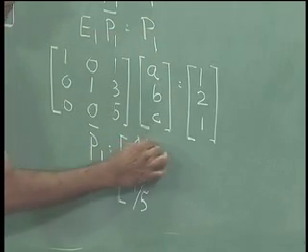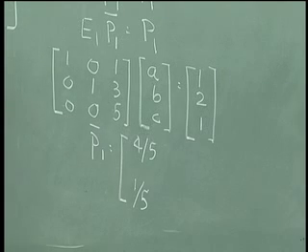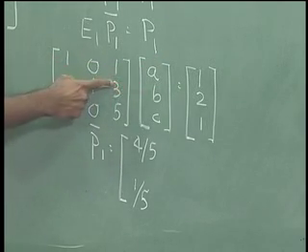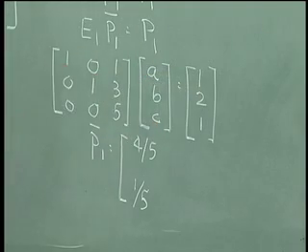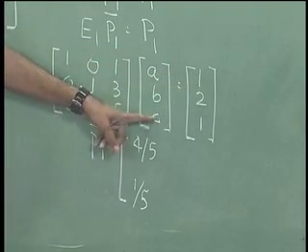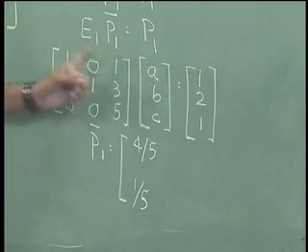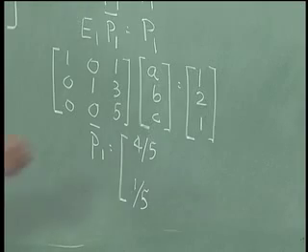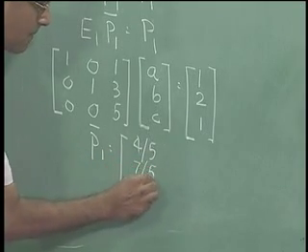So, A is 4 by 5. From the second equation, 0 into A plus 1 into B plus 3 into C is equal to 2. So, B plus 3C is equal to 2. So, B plus 3 by 5 is equal to 2. So, B is equal to 2 minus 3 by 5, which is 7 by 5.